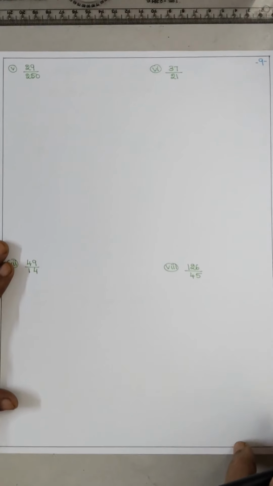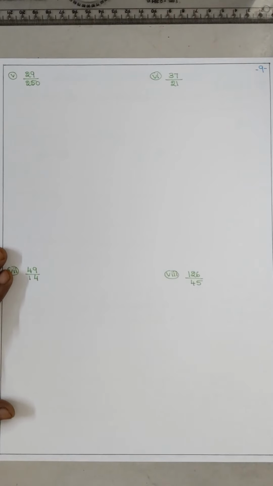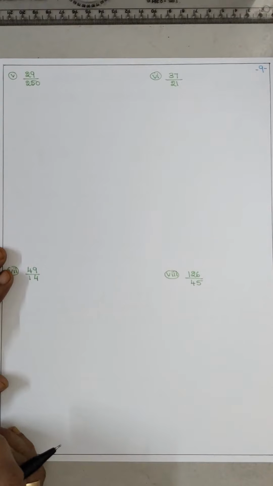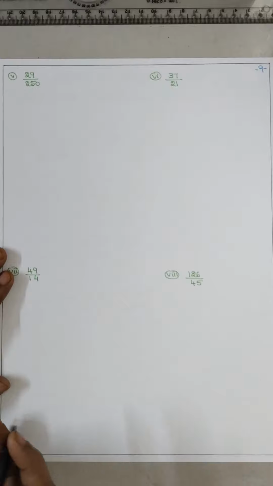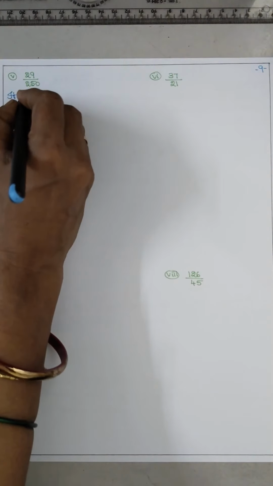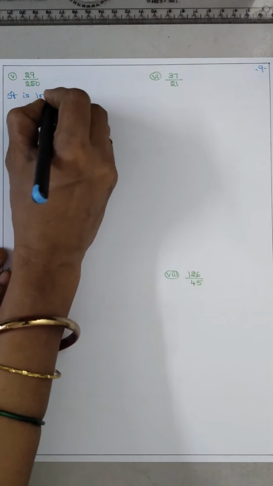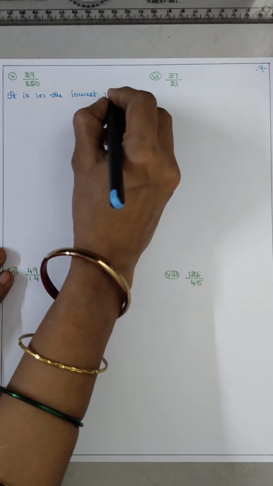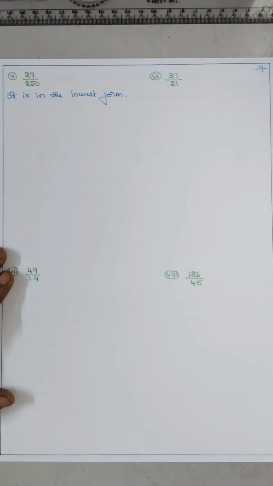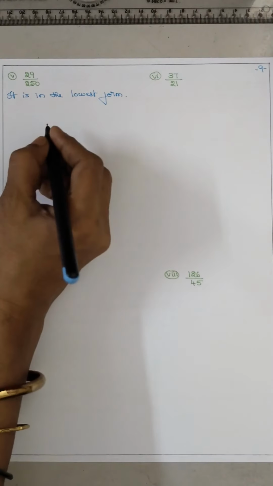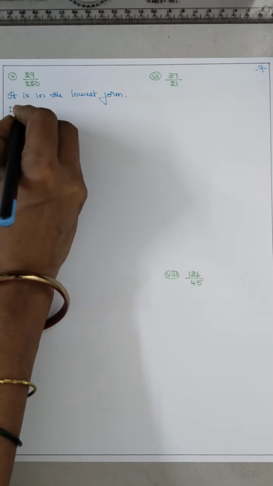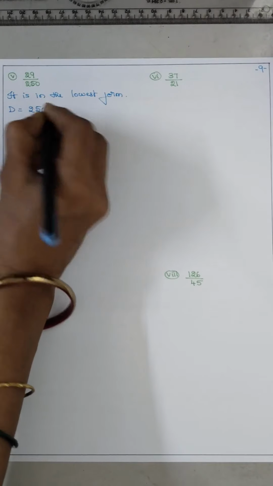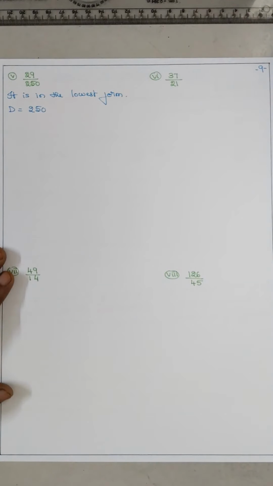Now coming to the fifth one, 29 and 250. Again 29 and 250 cannot be simplified. It is in the lowest form. 250 will not cancel. Denominator is equal to 250. I am writing D, means denominator.